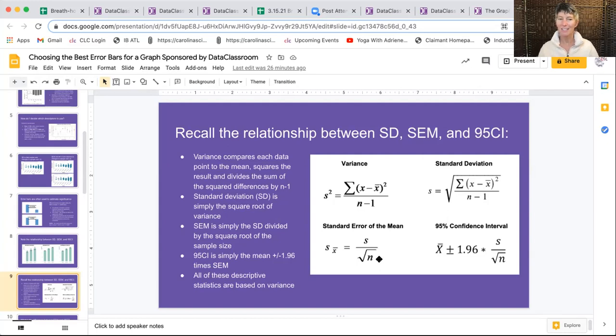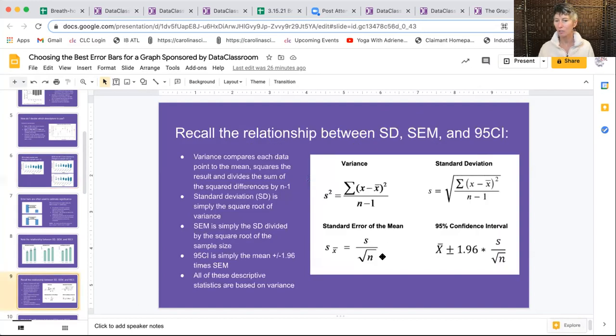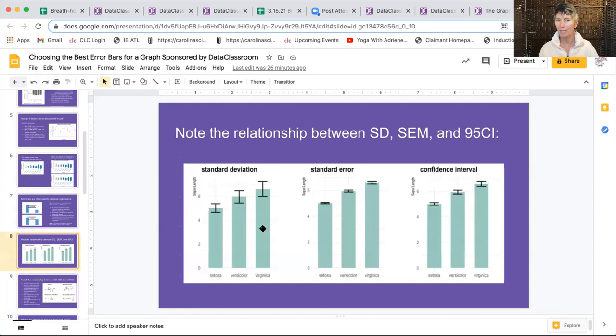So when I said that the standard deviation is less impacted by the sample size, and the standard error of the mean and the confidence interval have a greater impact based on sample size, as we saw in these relationships, that's because the equation introduces the sample size again in the standard error of the mean in the denominator. So the square root of n is going to reduce the standard deviation. And that's why you see that reduction being dramatic between standard deviation and standard error of the mean.